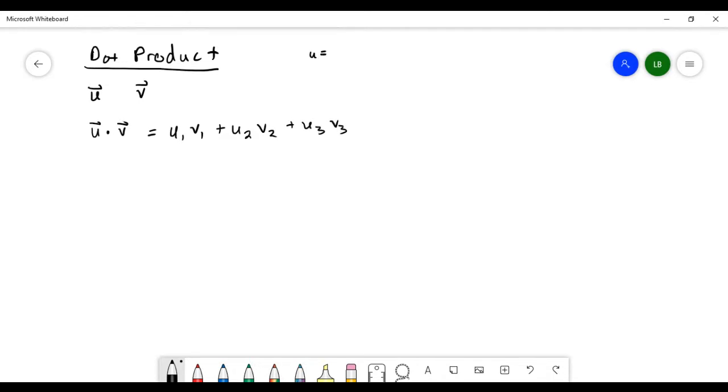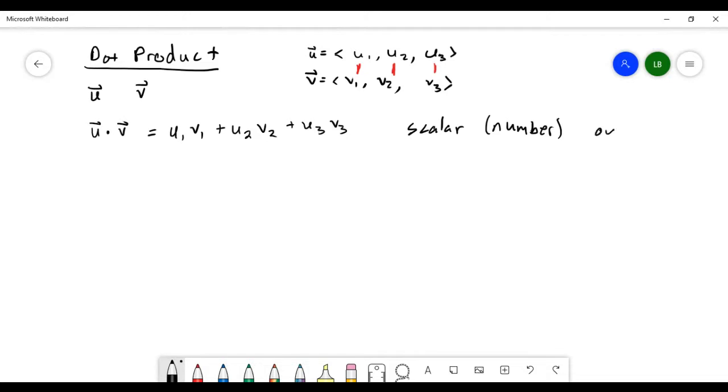And that is if u is equal to u1, u2, u3, and v is equal to v1, v2, v3. And all we're doing is just multiplying each coordinate and then summing them all up like so. And one important thing to notice is this gives you a scalar, or a regular number, not a vector, as output.